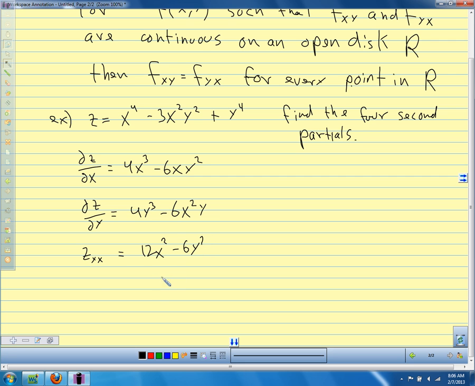How about the second partial with respect to y? 12y squared minus 6x squared. How about the first mixed partial, z x y, and I'm going to write the other notation. This is d dy of dz dx.